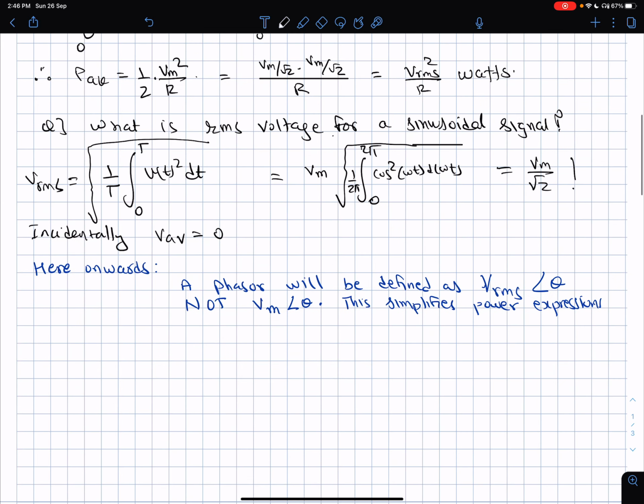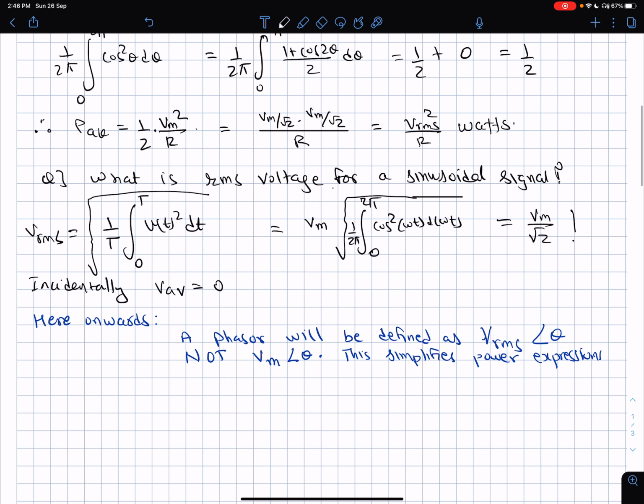So the average value of a voltage or current sinusoid is always going to be 0. The RMS value is just a scale factor, 1 by root 2 times the amplitude.